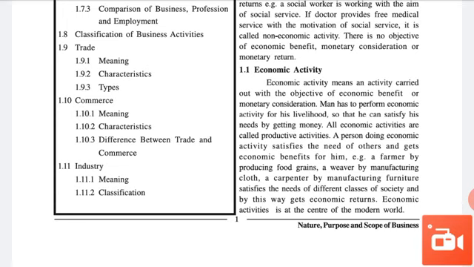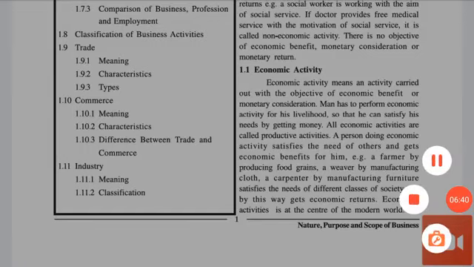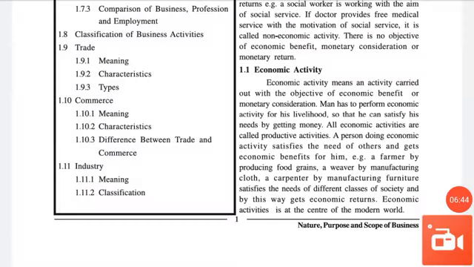And the third is all economic activities are called productive activities. Please underline this point.